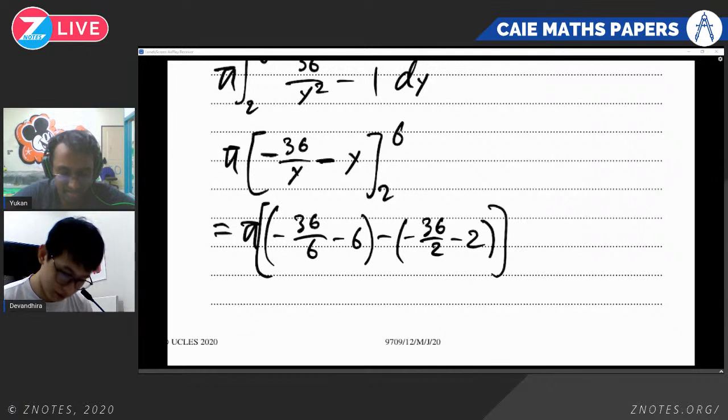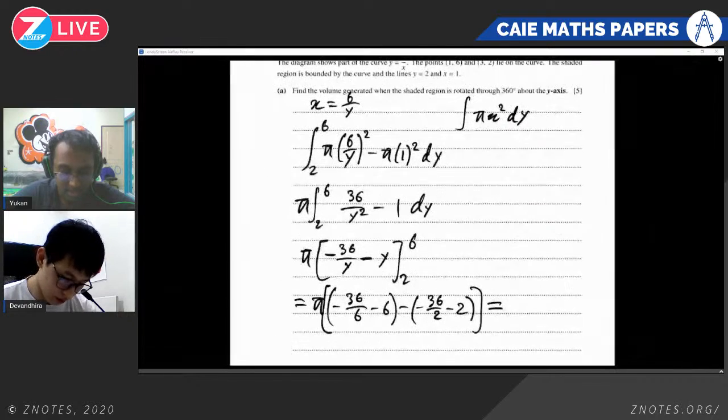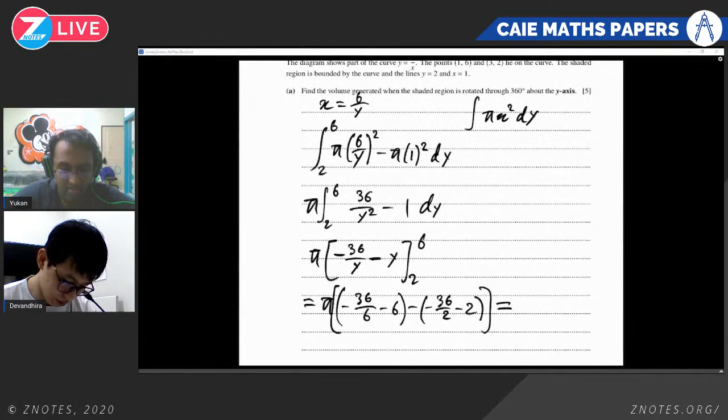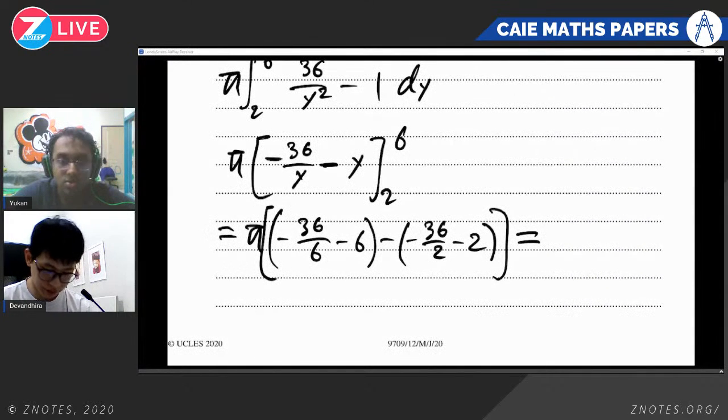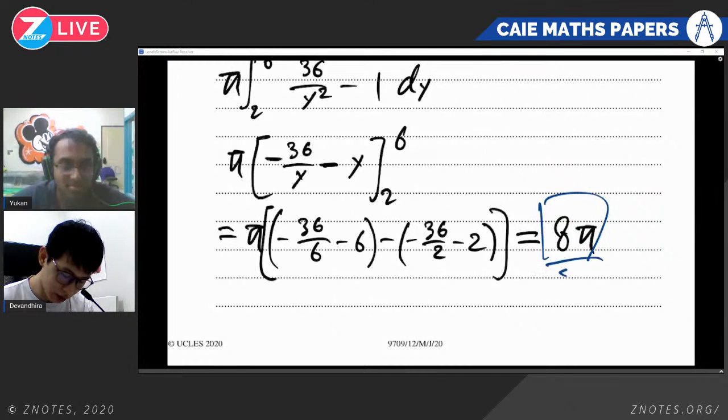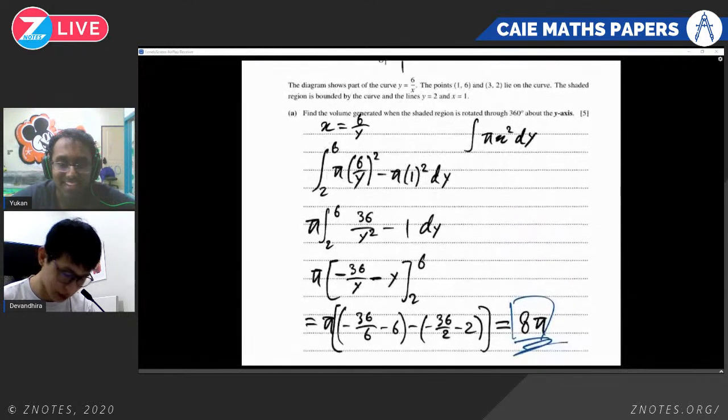Negative 36 over 6 minus 6, and then that all minus, so it's just plus 36 over 2 plus 2, and that will get you 8. So it's just 8 pi. Very nice answer. Thank you to the examiner. Next question, 5 marks, very easy.